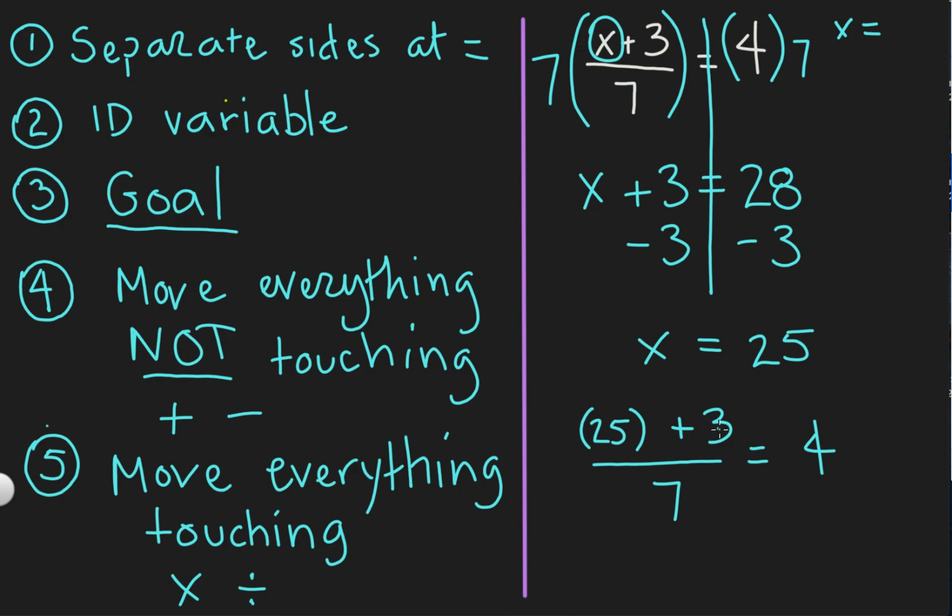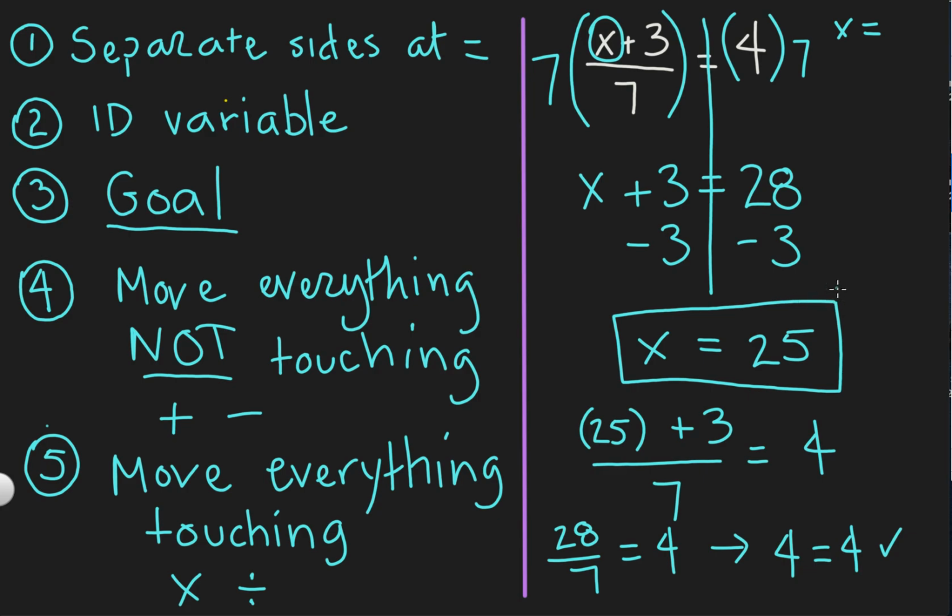This gives me 25 plus 3, which is 28, over 7 equals 4. So I'm going horizontally now. 28 divided by 7 is 4. So we get a 4 equals 4, which tells me that's correct. And my solution is x is equal to 25.